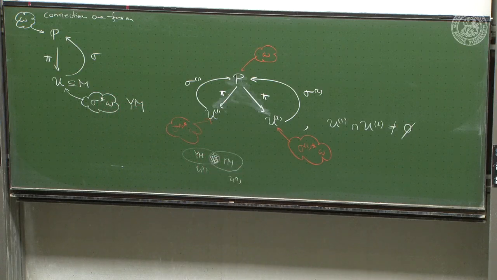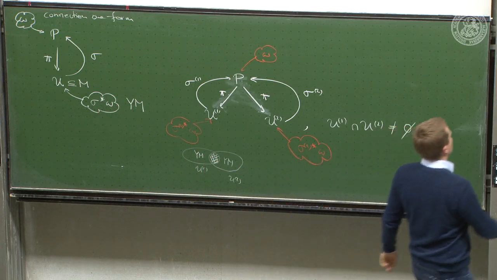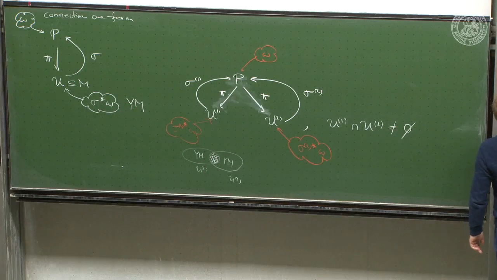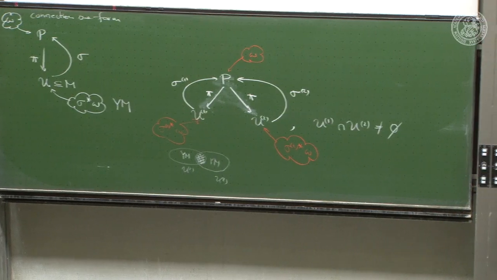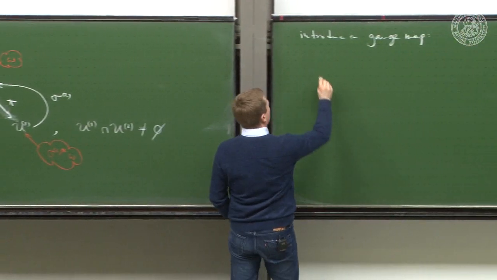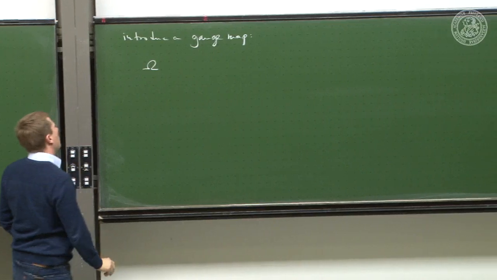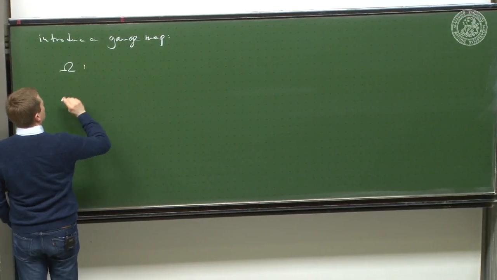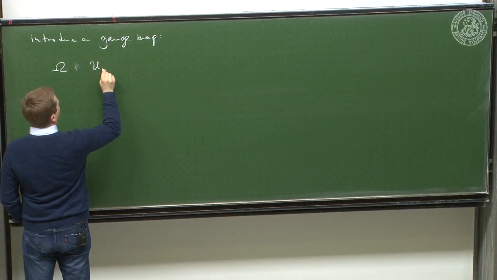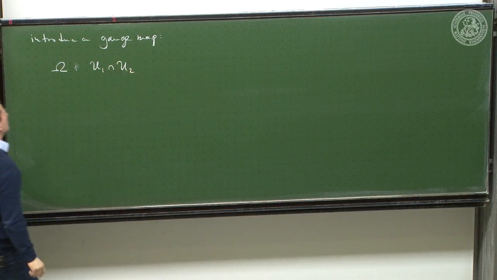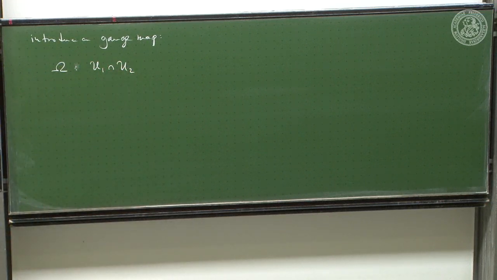Okay. So if I want to know this, I introduce a gauge map, that's an object we call traditionally omega, and this omega is defined on the intersection of U1 and U2, so it's a function on the intersection of the domains on here.